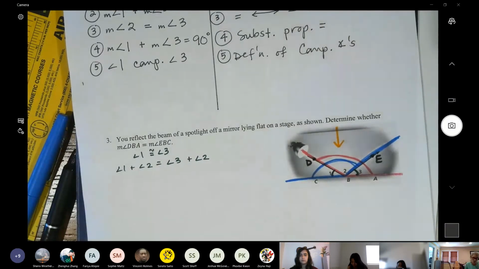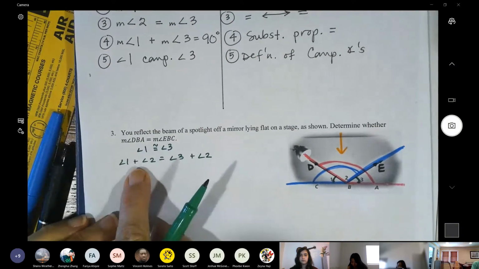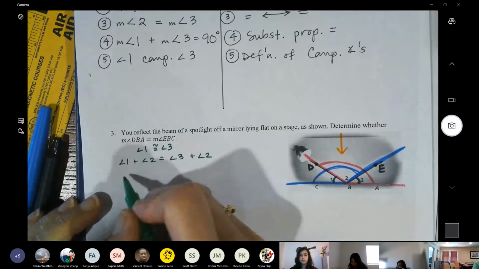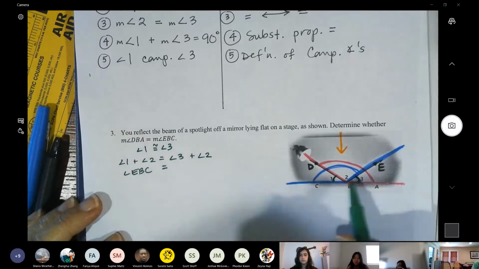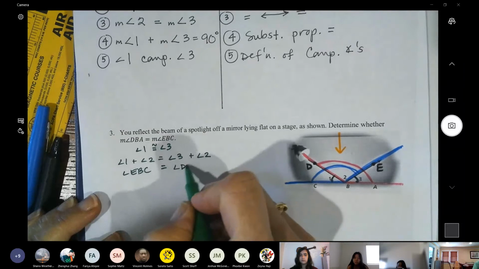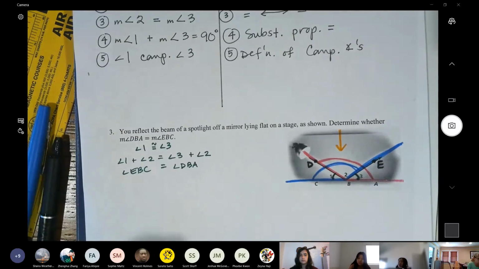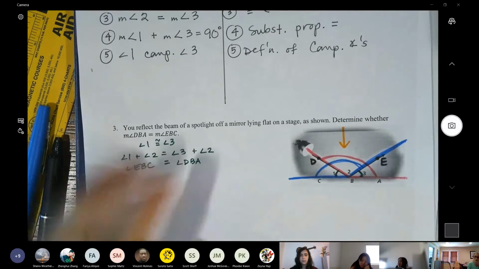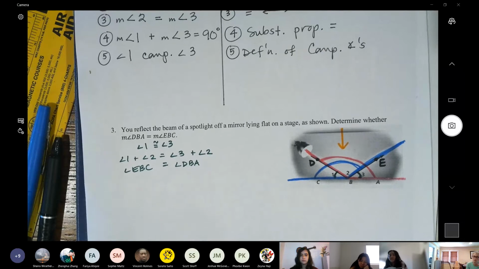That says I can do that. Well, what are these angles? This one, 1 plus 2, is EBC. And this one here, 2 plus 3, is DBA. Wouldn't that sort of prove that those two are equal? So we have to write it up a little bit more formally, but I'm hoping that this makes sense to you.